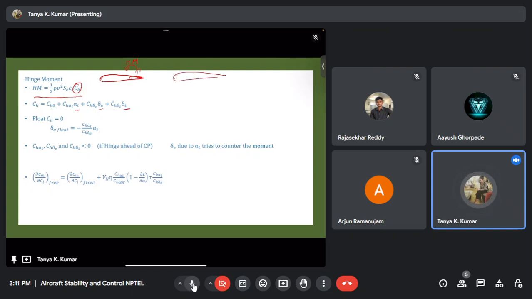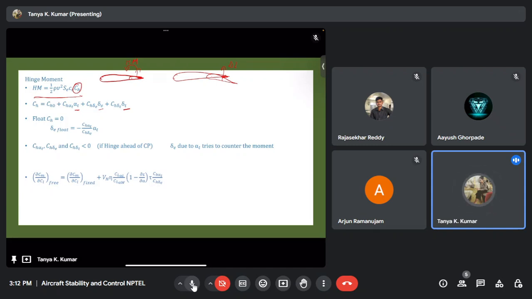If I were to deflect my elevator down, it increases the effective camber of the tail cross section. And when there's an increase in the camber, there's an increase in lift. So positive delta L is there when you deflect. When I deflect the elevator down, is it positive or negative?